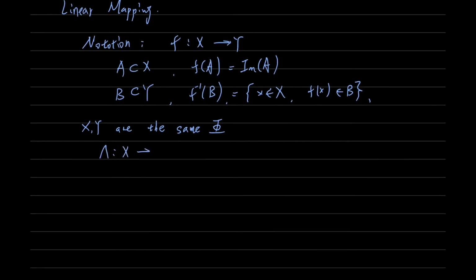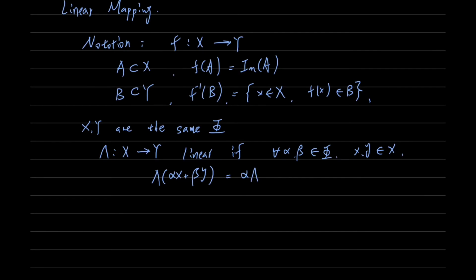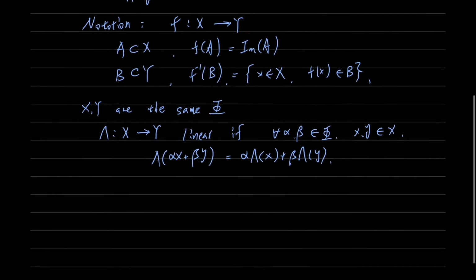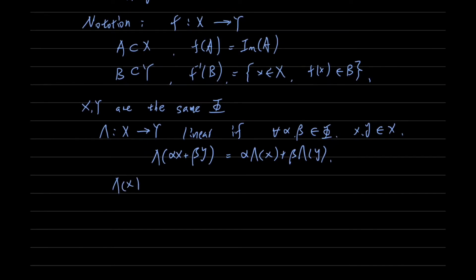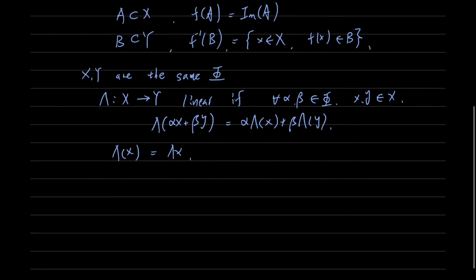A function lambda is said to be linear if for every scalars alpha, beta in the scalar field and two vectors in X, then it's linear. And we'll also write lambda of x just as lambda x as it is linear. We'll just omit the parentheses here.